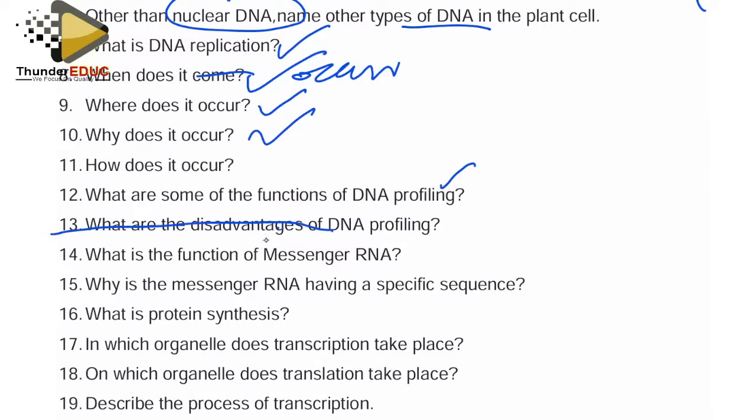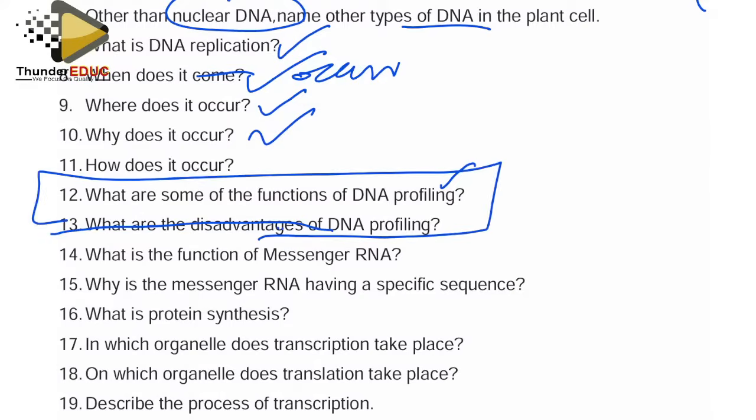From here, with DNA profiling, you need to know how to do the calculations for bases. Remember, when you do base calculations, for example, they can say that 20% is cytosine. What is the ratio of adenine to guanine?